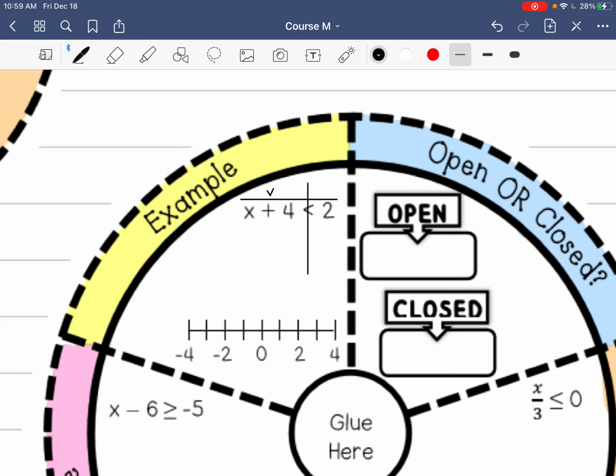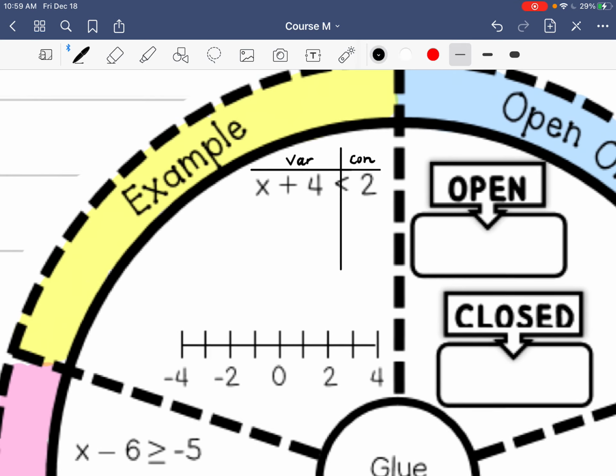The variable is on the left and the constant is on the right, and we need to move that 4. So we're going to say minus 4, cancel, copy. So x is less than negative 2, and that is already in standard form.